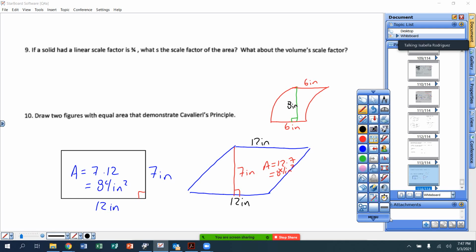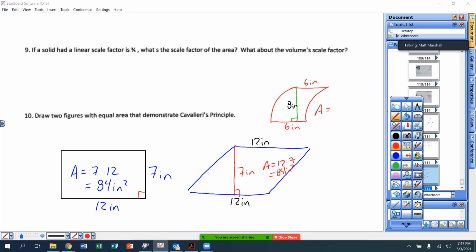Does that kind of make sense? So even though this red thing is funky looking, just like a rectangle, area is always base times height. So I got my two bases, so that qualifies to multiply the base times the height right there to get my area. That's all that little rule is.